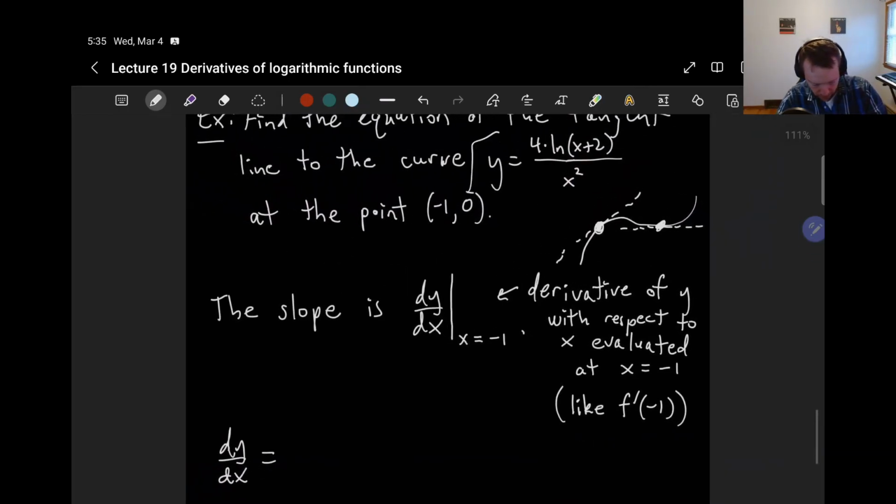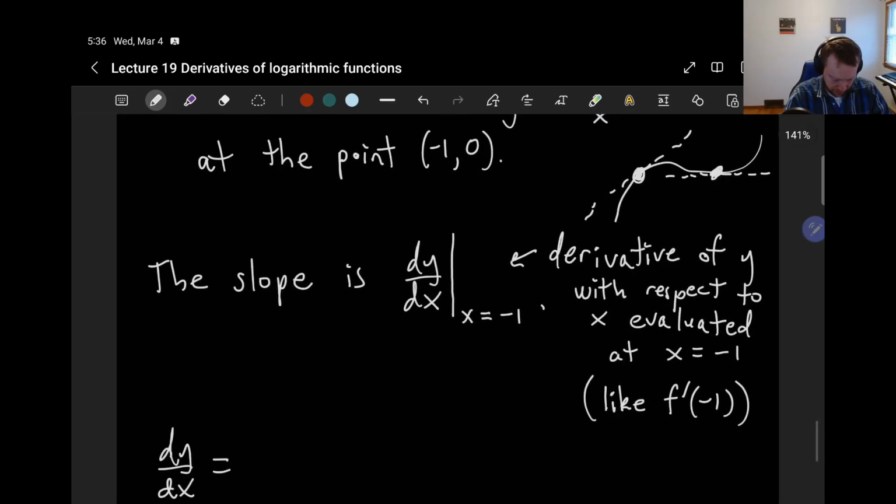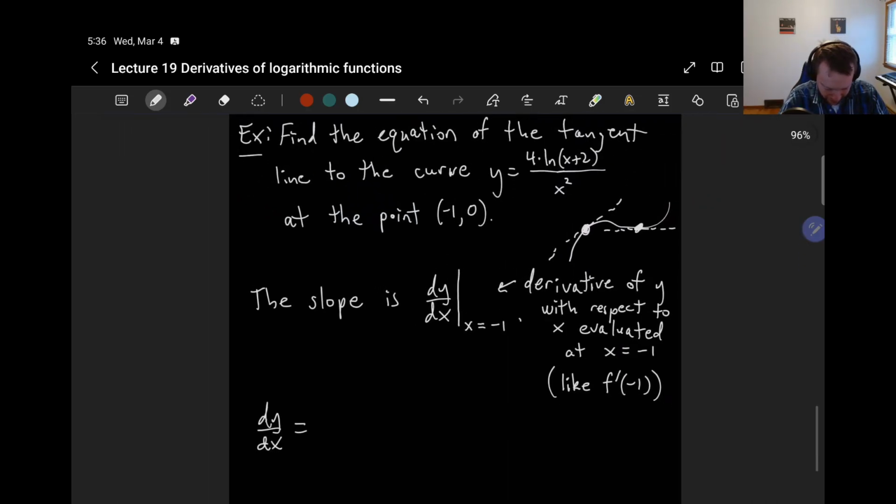Okay, so here's my y. We're taking the derivative of that. That looks like a quotient to me, right? We've got that big division bar. So I have to do quotient rule first. Low d high minus high d low over low squared.